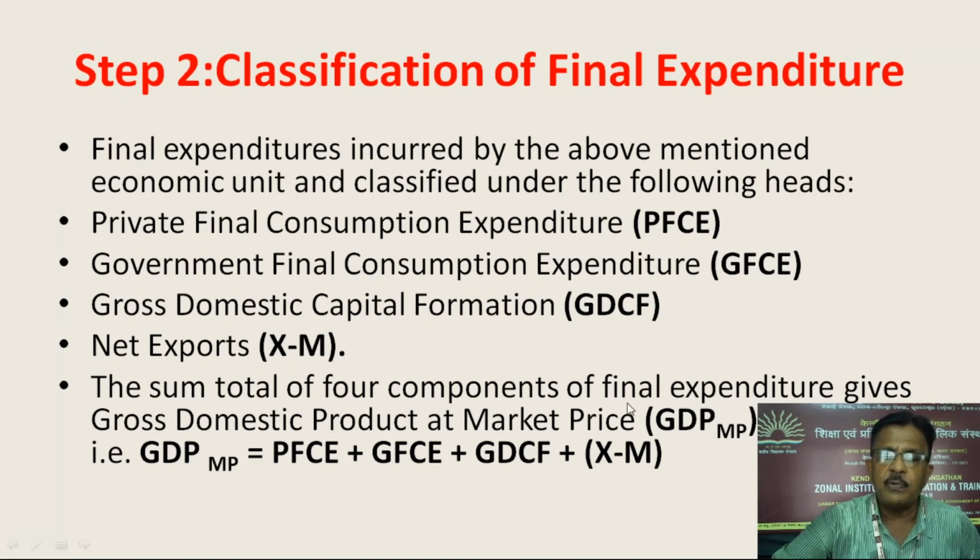The sum total of 4 components of final expenditure gives gross domestic product at market price, that is GDP at market price, that is PFCE plus GFCE plus GDCF plus X minus M. And GDCF, as you have already clarified, gross fixed capital formation plus change in stock is equal to gross domestic capital formation.